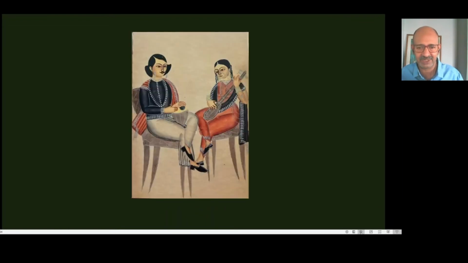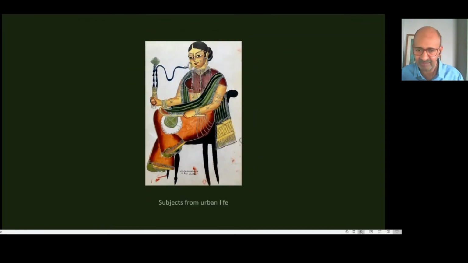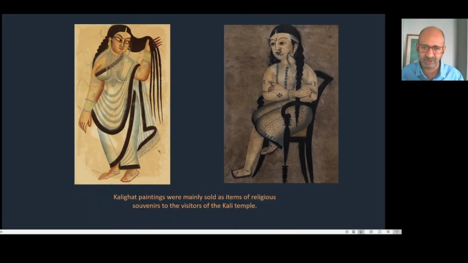So we have images of couples, musicians, we have images of a single woman smoking hookah, or probably they are courtesans, like this new woman of an urban society, the courtesans.